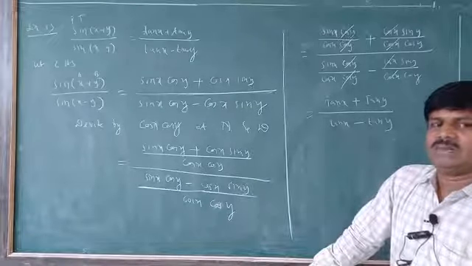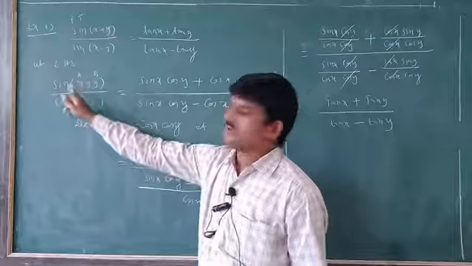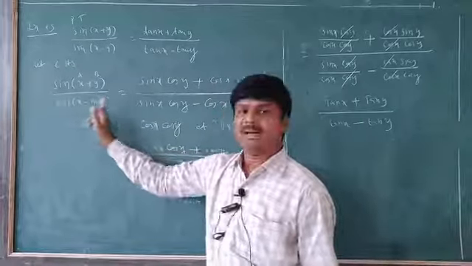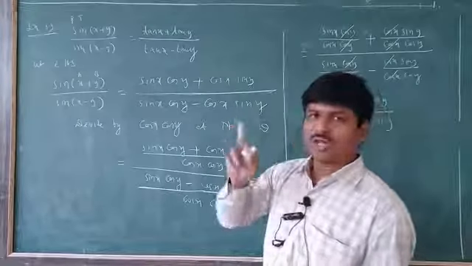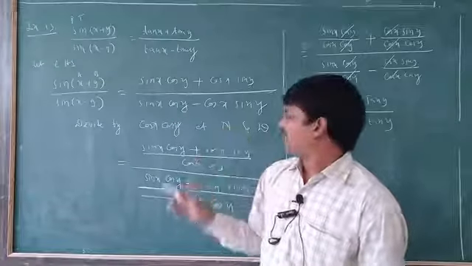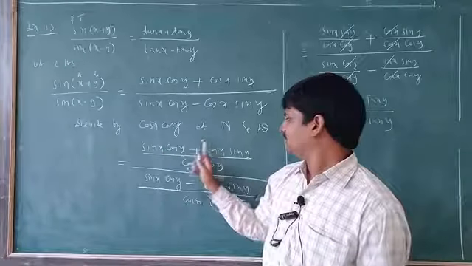Understand? Like this manner we have to do. Nothing I did. I have taken LHS and it is in the form of sin of a plus b. I wrote the formula. It is in the form of sin of a minus b. I wrote the formula. And to convert sin and cos into tan, I divided by cos x into cos y at numerator and denominator also.